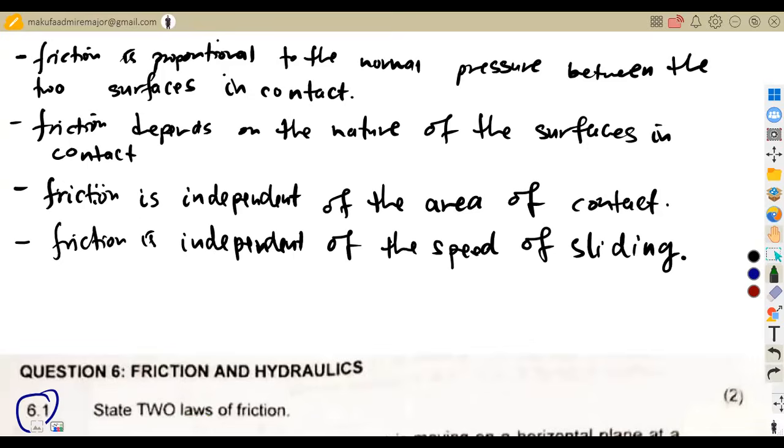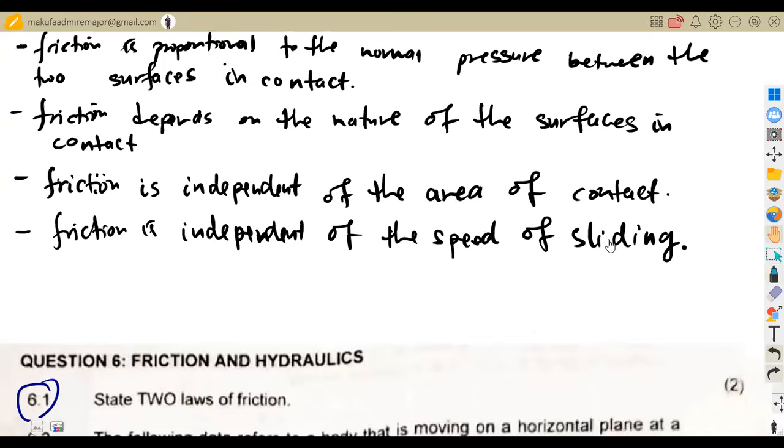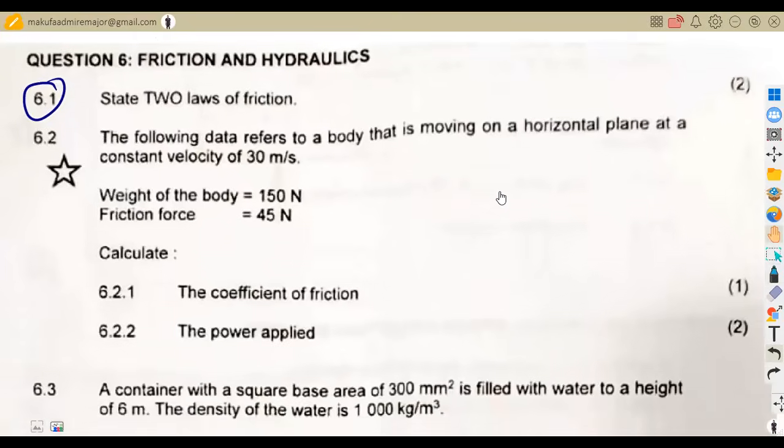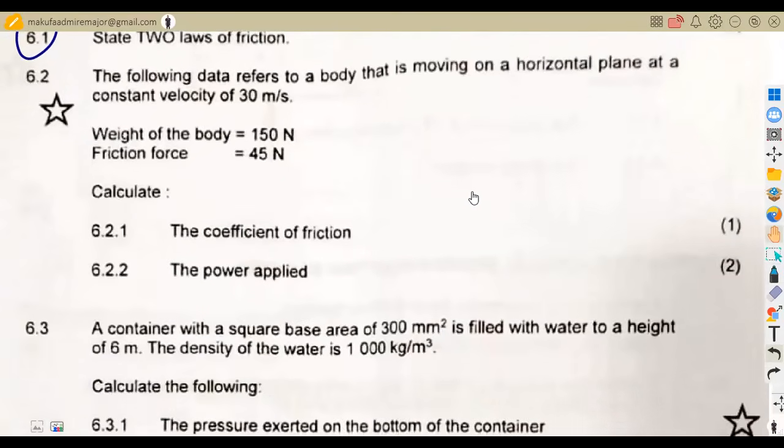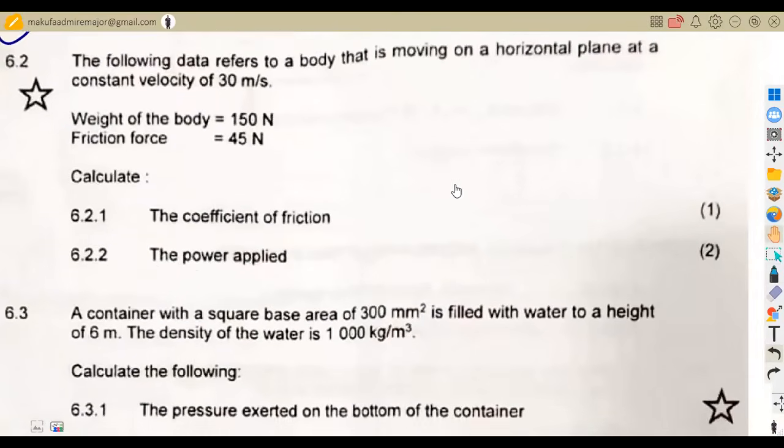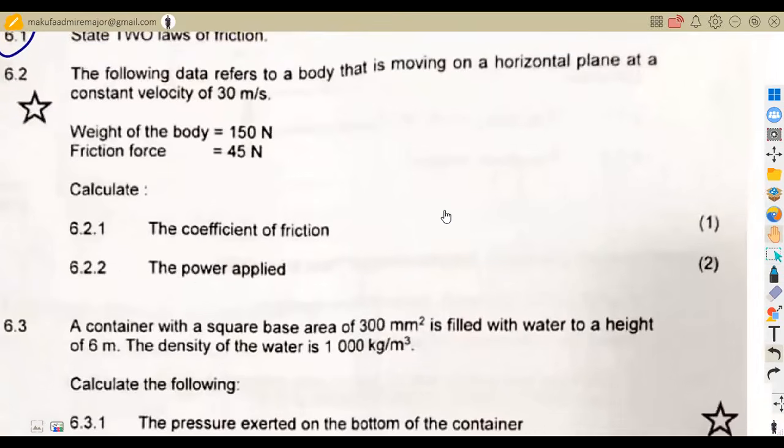All right, so let us check what we have on the other part. On the other part, we are given information that actually refers to a body that is moving on a horizontal plane. So take note, this body is moving on the horizontal plane at a constant velocity of 30 meters per second.